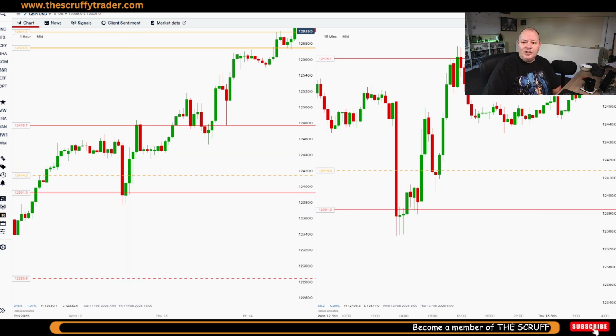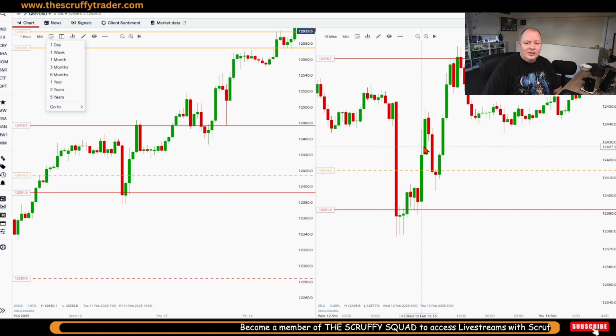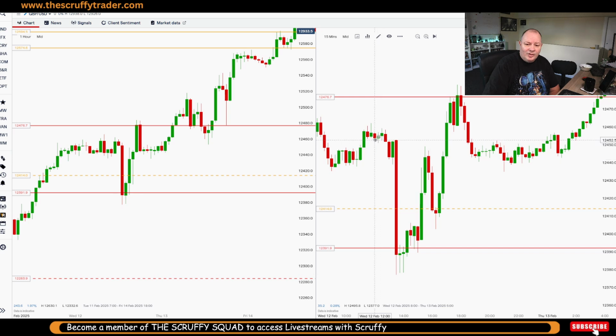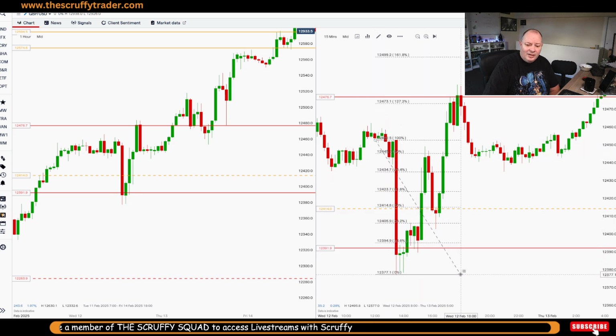Now, if I pull this onto the 15-minute chart, which is on the other side, let me just illustrate that here on this side. So this is the 15-minute. What I want is an extension, or a FIB rather. Draw the FIB in. If I zoom it out, then straight away, there it is.